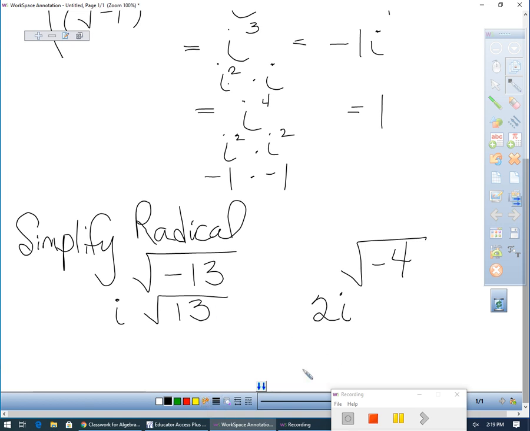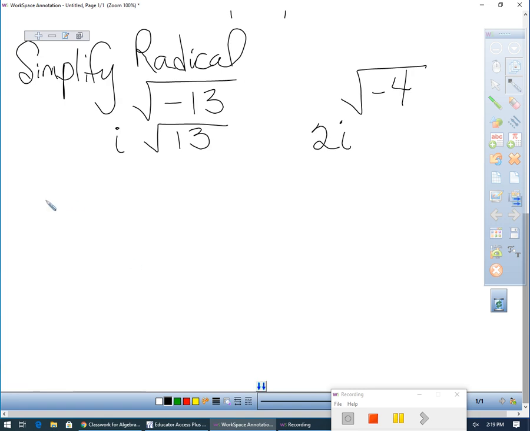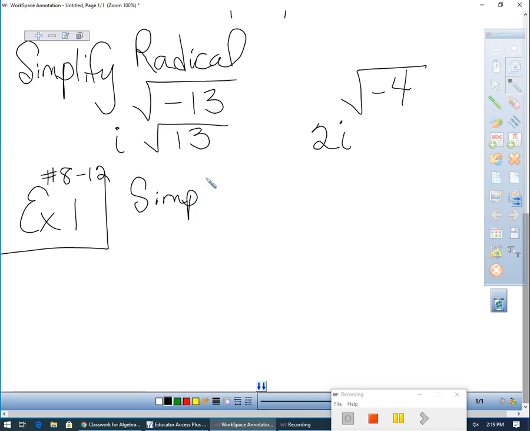So here is example number 1. Today, this will be like your problems 8 through 12. As you're referring back to your notes, I'm going to ask you to simplify the square root of -18.